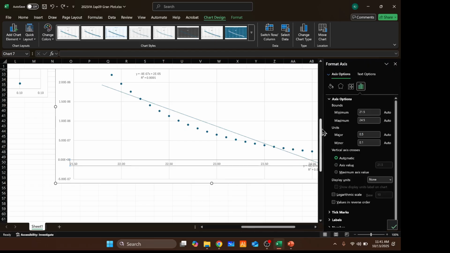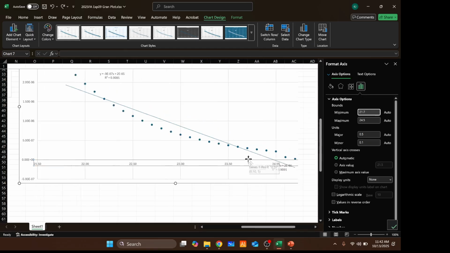I typically double click, but you can right click. You come over here to the chart area and put in a value that makes sense for that. Okay, so like 21.7 here.